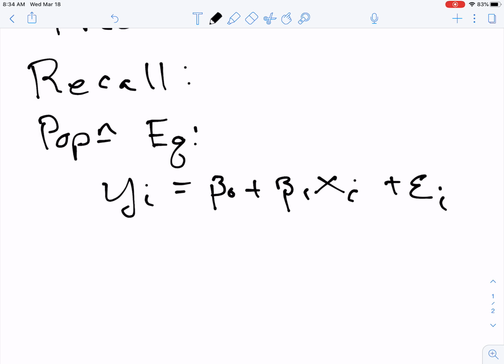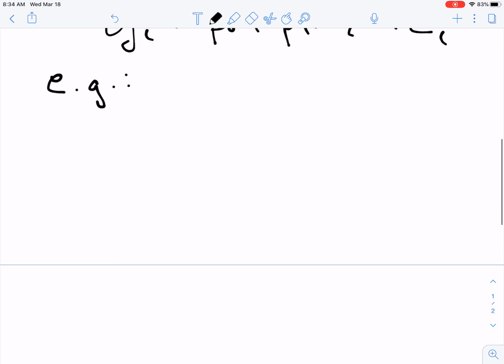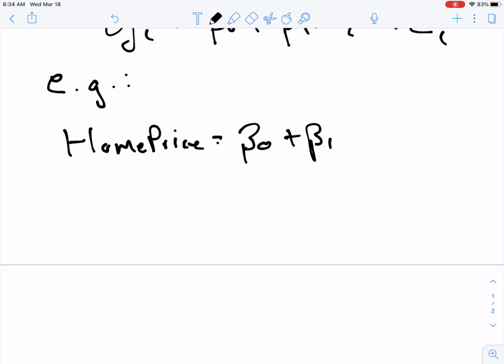An example of that might be, for example, home price equals beta naught plus beta 1 times square feet plus that population error term.